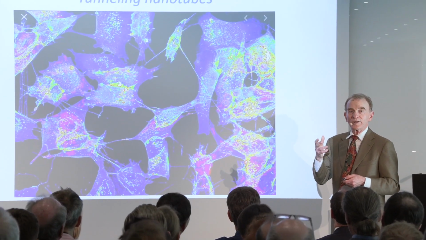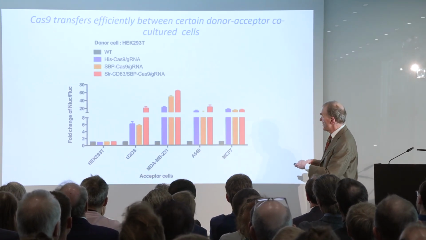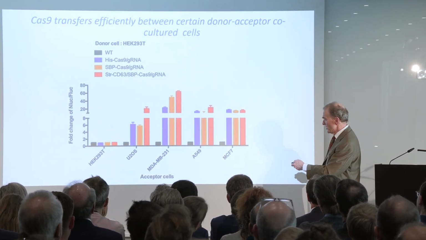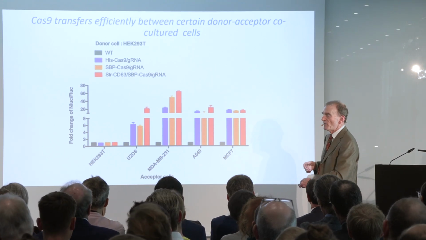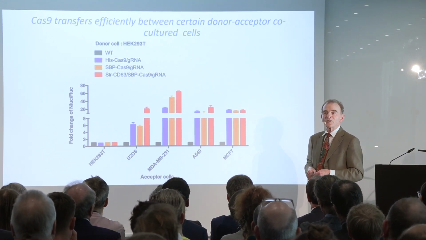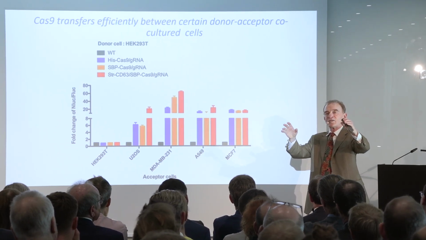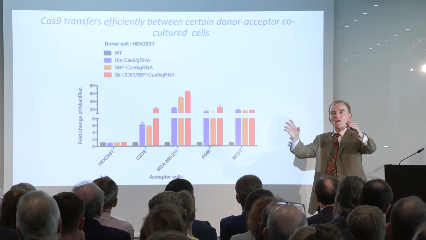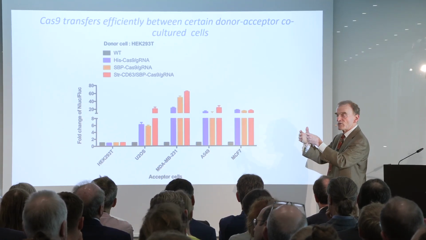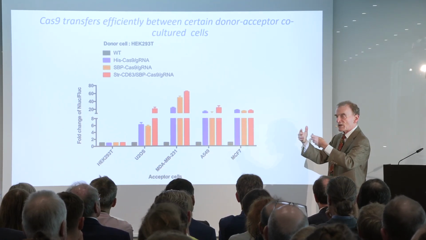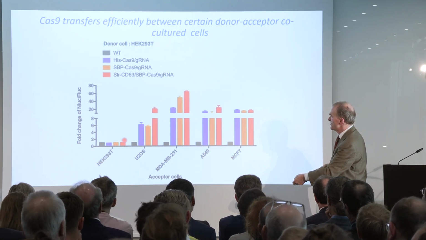So that was surprising. But what was even more surprising was, if HEK293 was used both as a donor and as an acceptor, that is, one was constructed to secrete Cas9-containing vesicles, and the other was constructed so as to have a dormant form of N-luciferase, under those conditions, where the two cell types were allowed to mix together for days, no increase in N-luciferase was observed.